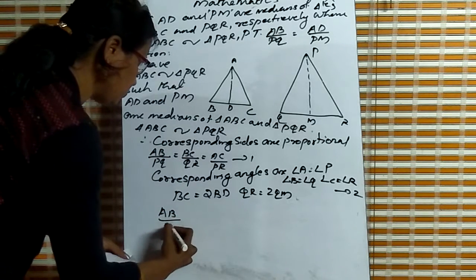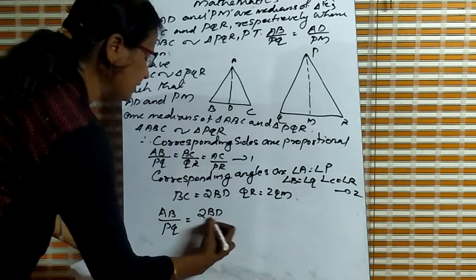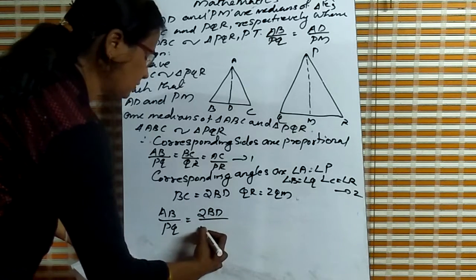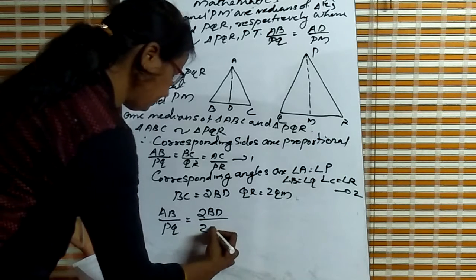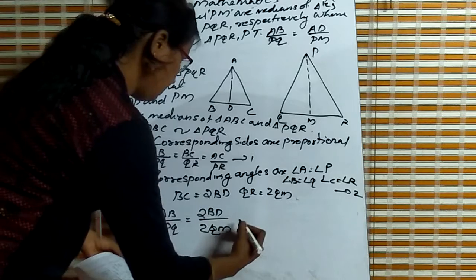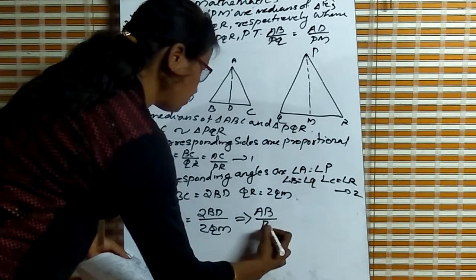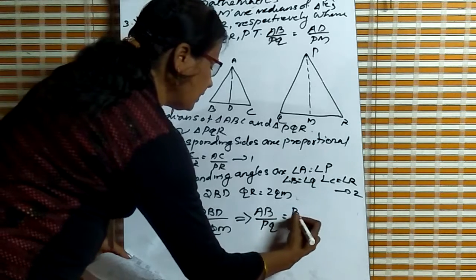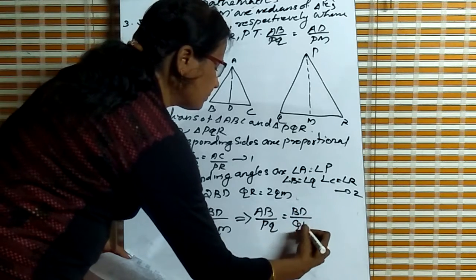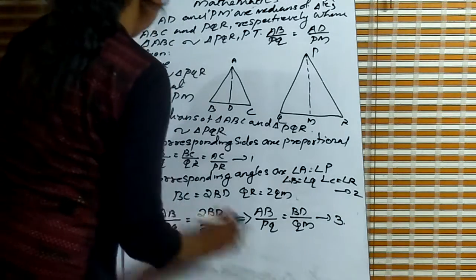AB by PQ is equal to BC 2BD divided by QR 2QM. Implies AB by PQ is equal to BD by QM. Equation 3.